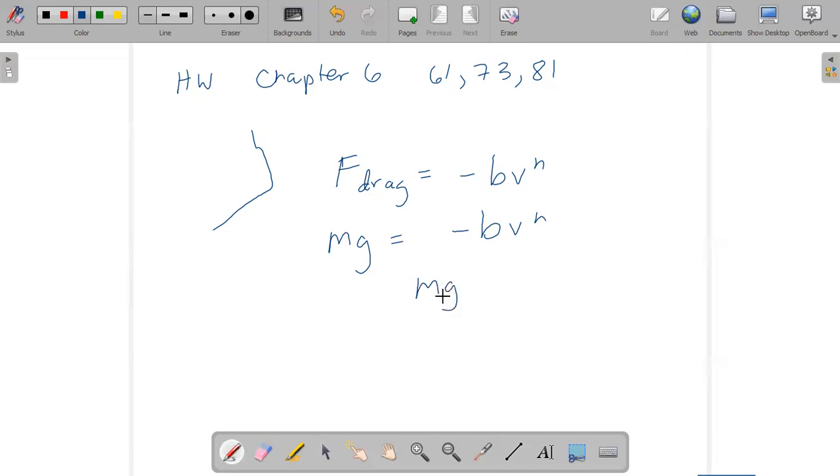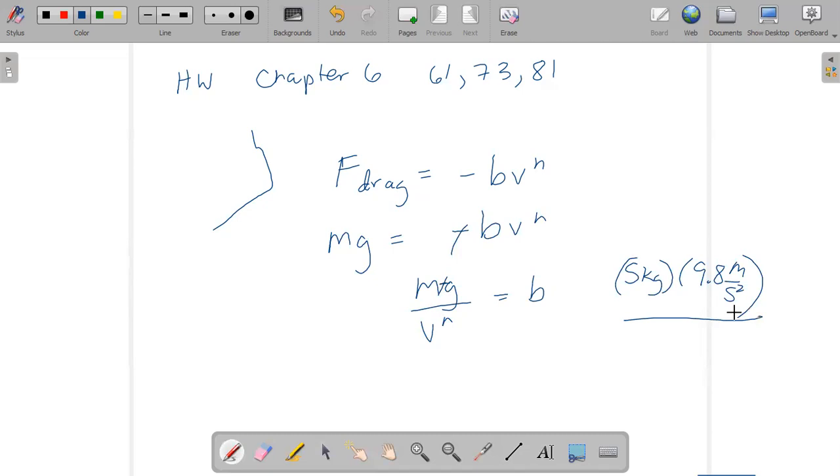So mg divided by v to the n equals b. Okay, so we have 5 kilograms, 5 kg times 9.8 meters per second squared. The g is going to be -2, so that's where it cancels with that.